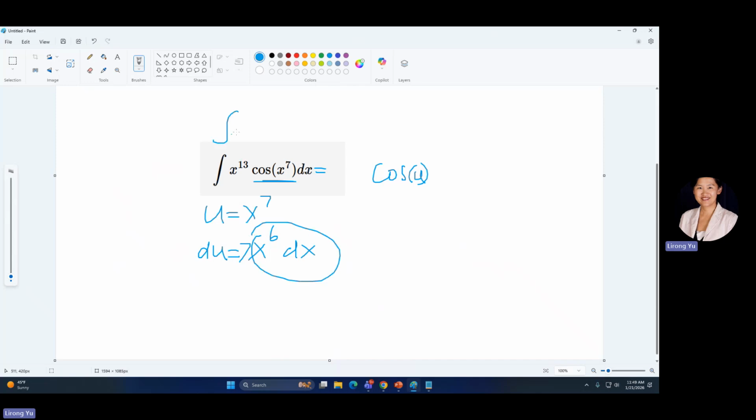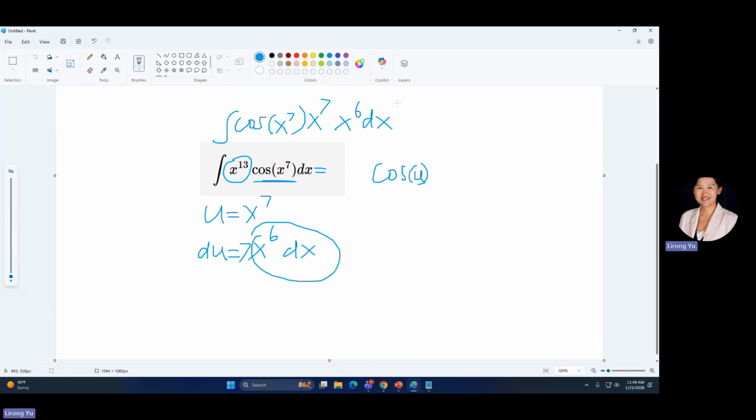So we're going to separate this. We have cosine x to the power 7. Here you need x to the 6 to the side, so x to the 6 dx, and then we have x to the 7. Okay, so the x to the 6 times dx is going to be 1/7 du, since you can divide by 7.